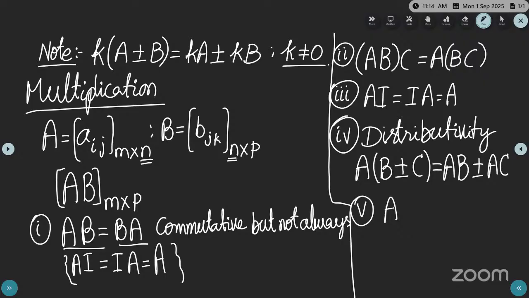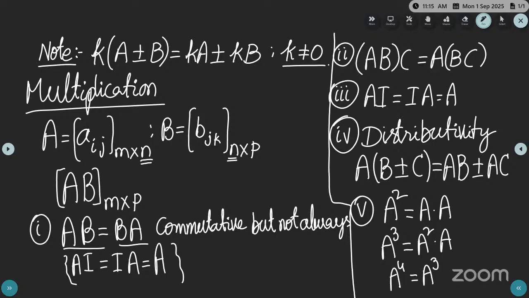A square equals A into A. A cube equals A square into A. And so on, or A power 4 equals A cube into A. And so on.